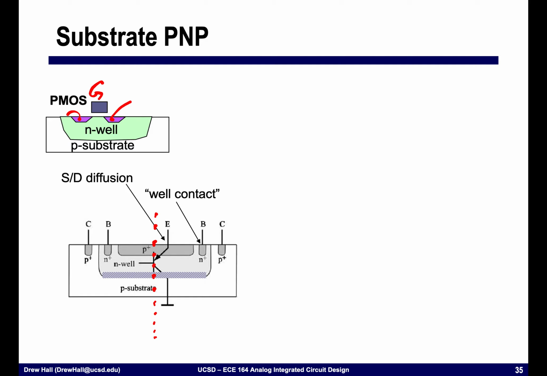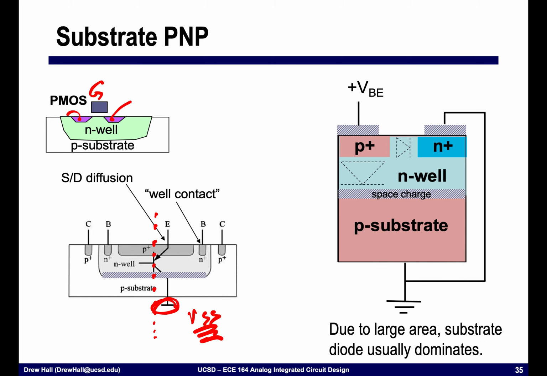This doesn't require anything special. The one caveat is that the collector, this bottom terminal, has to be in the substrate. And since it's in the substrate, that means that it has to be tied to VSS. It has to be the lowest potential. We can also do this just using this kind of structure that's shown on the right side.